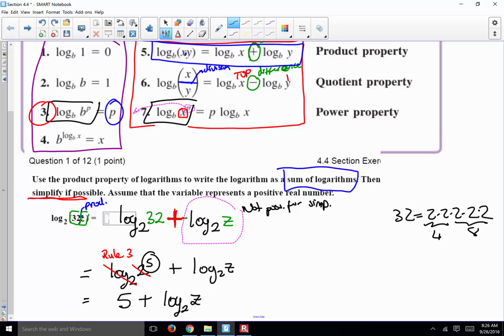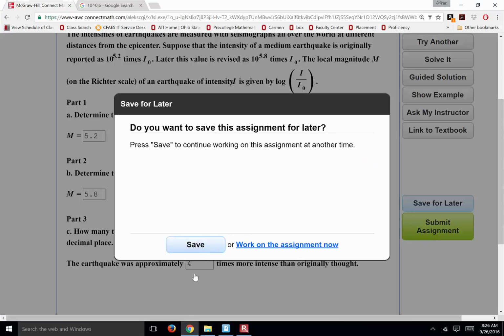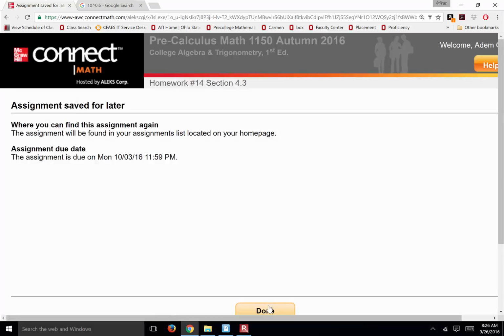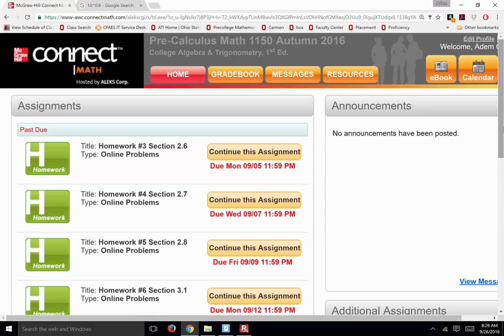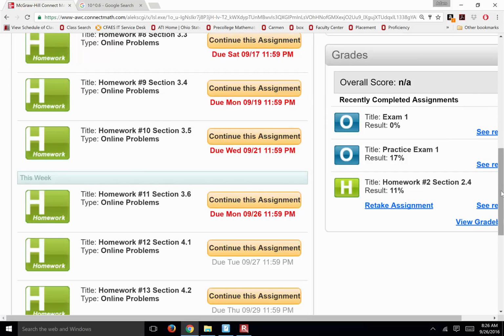Okay? Any questions? So you simply break the product as a sum and then simplify by using any of the other rules listed.